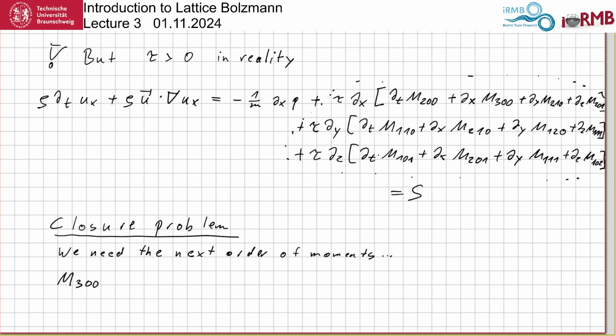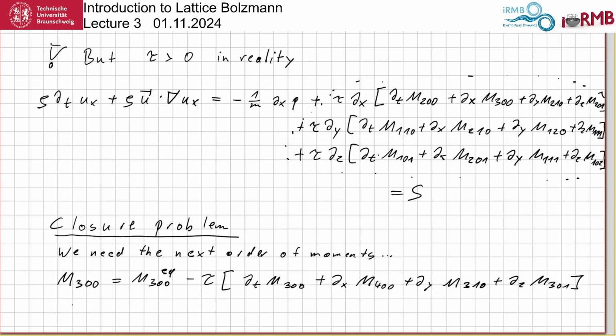M300, this appears up here somewhere, is of course M300 equilibrium minus tau, and then we do dt M300, and then we just do the counting: dx M400 plus dy M310 plus dz M301. Yeah, all of this is required.